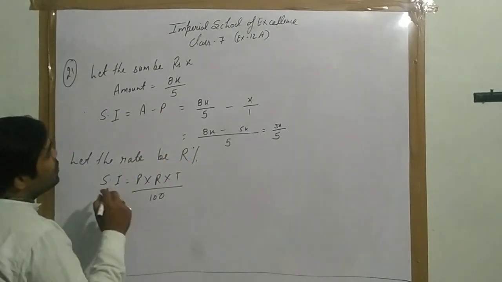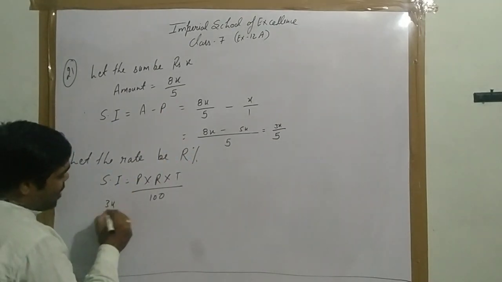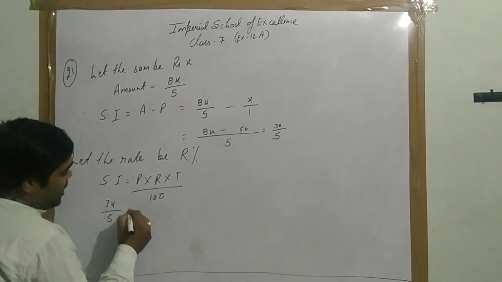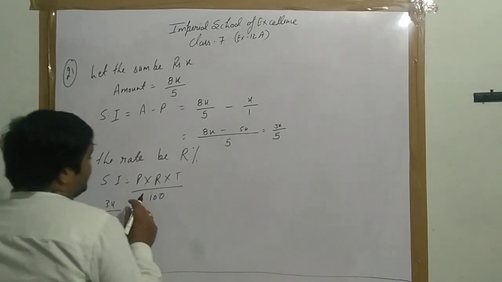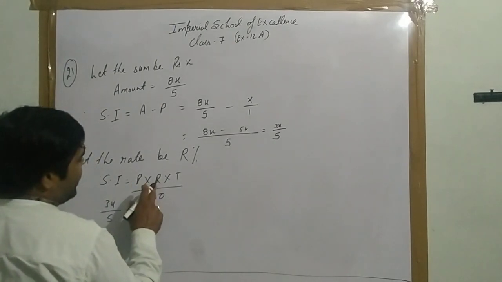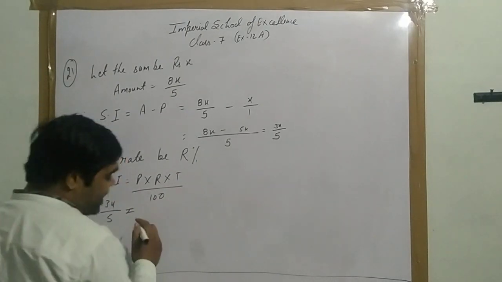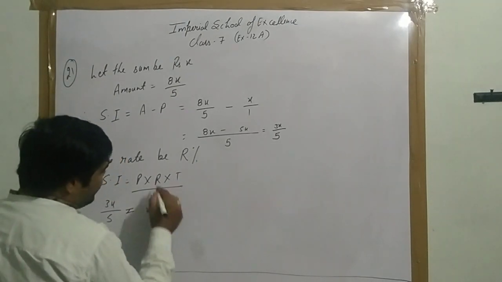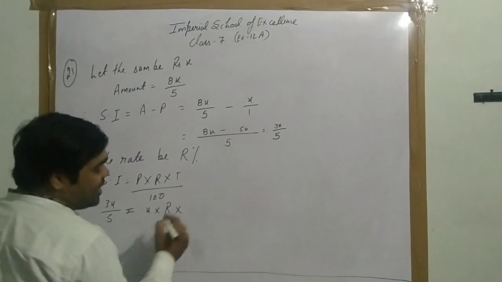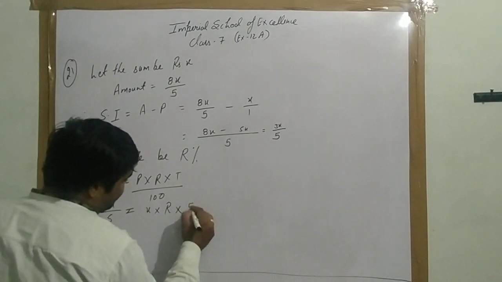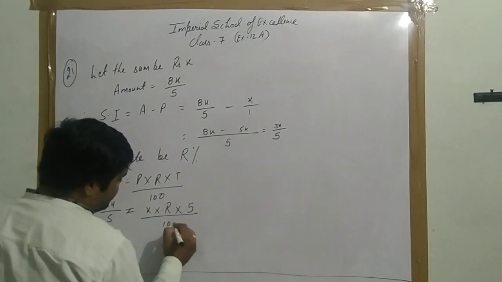SI is given to you, 3x upon 5, equals principal into rate into time. Principal is x here, rate is R, and time is given to you, 5, upon 100.